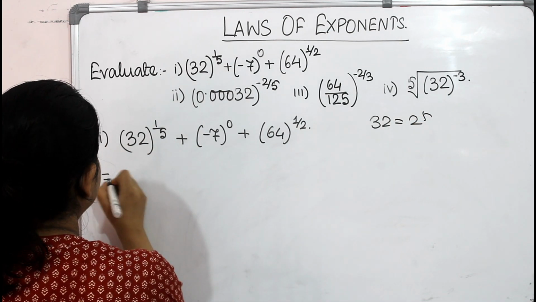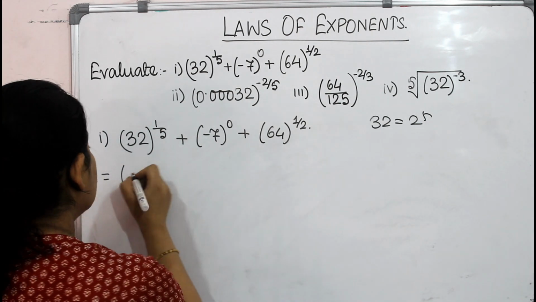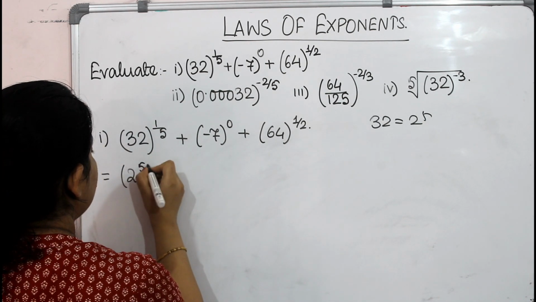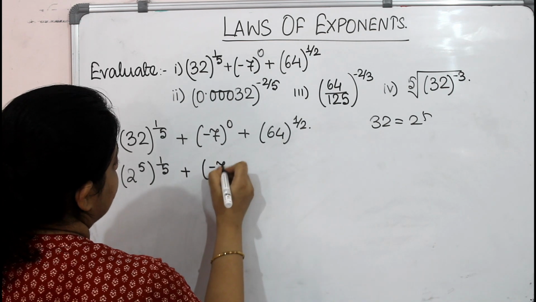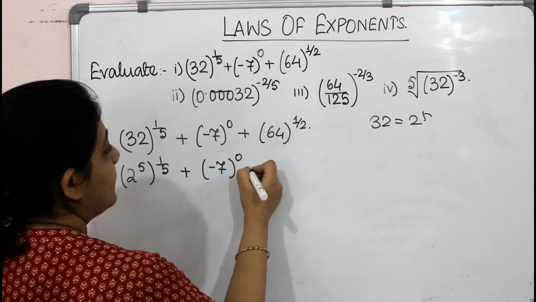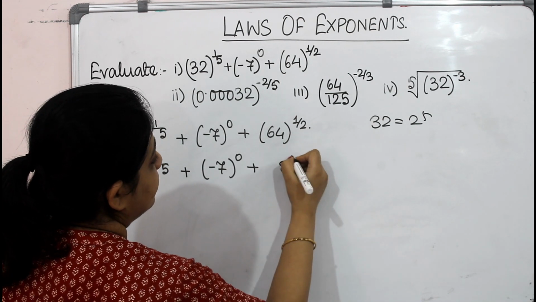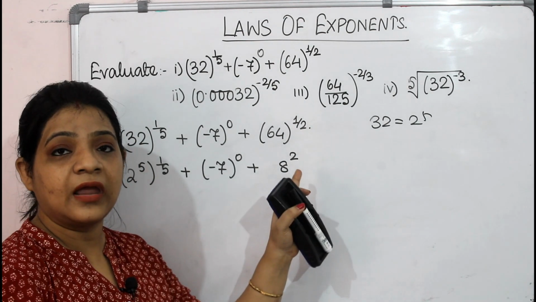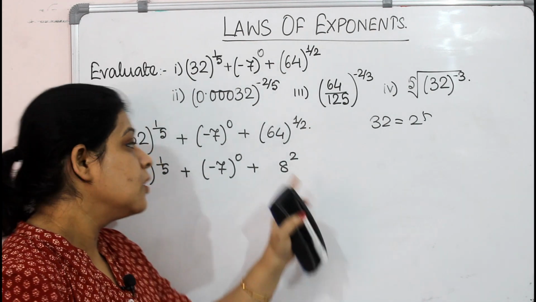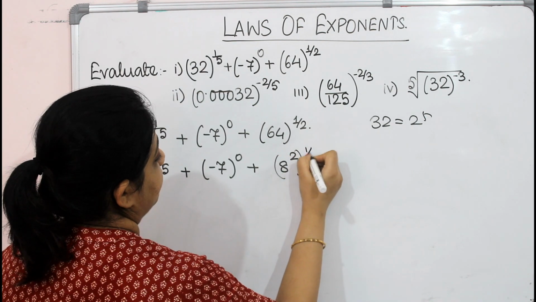So we will write all the expressions in terms of power. So this is 2 to the power of 5, to the power 1 by 5, plus minus 7 to the power of 0, plus 64 you can write as 8 square, 8 into 8 is 64. So you can write it as 8 square to the power half.